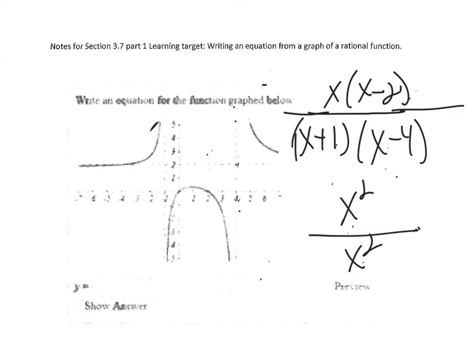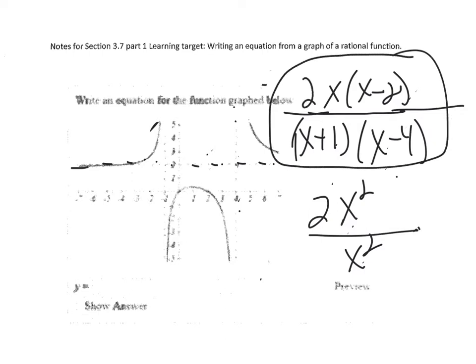Well, isn't that just 1? Isn't x squared divided by x squared 1? So because these are the same power, it's going to have a horizontal asymptote, and that horizontal asymptote we see is at 2. So I'm just going to stick a 2 in front. Okay, and that's an equation that when you graph it in Desmos on a similar window, you'll see the same thing. Okay, so first one's not too bad.